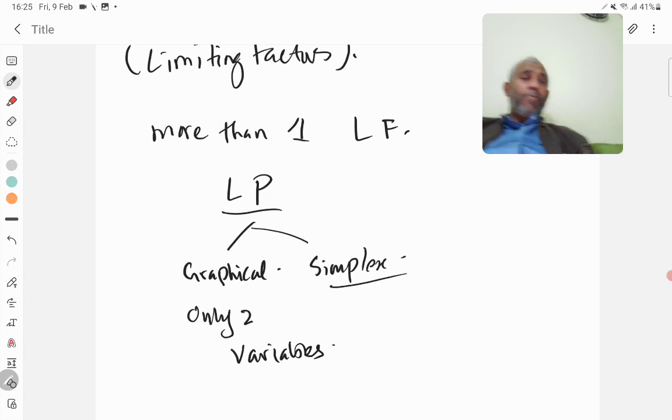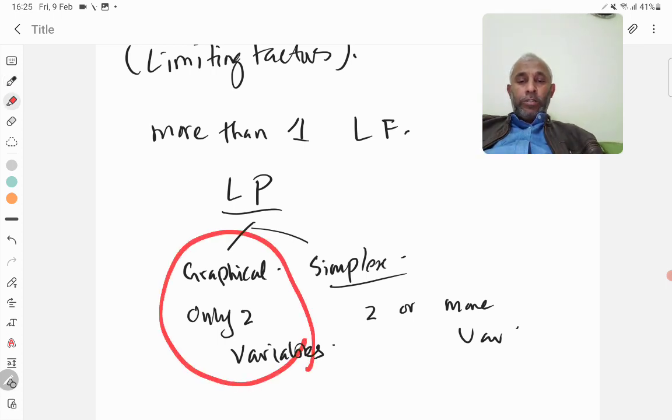Whereas if you use the simplex method, you could have two or more variables. Today I'm going to discuss a question based on this. Anyway, these are just some introduction.